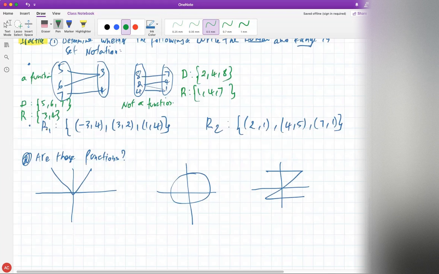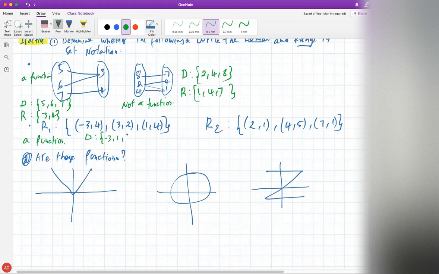This relation set here. First of all, is it a function? Yes, all these elements are unique, so it's a function. Very good. Now I'll write the domain. What is the domain here? -3, 1, and 3.